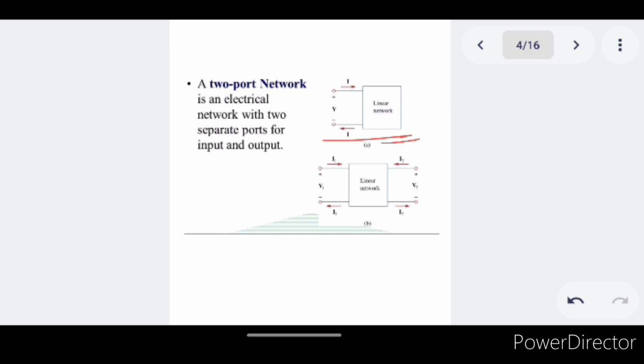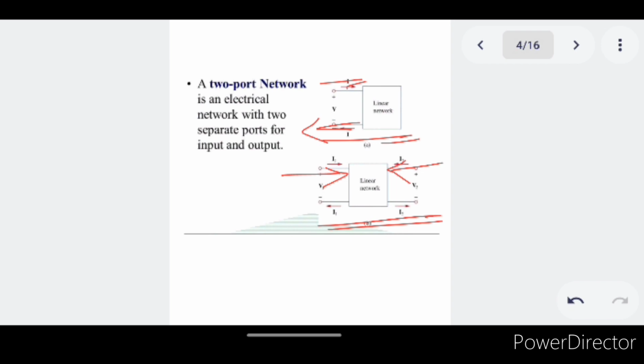These are single port networks, where the same current enters from one side and the same current leaves at the other side. Therefore, this is a two-port network, where one current enters from the input to the network, and another current leaves at the output of the network.